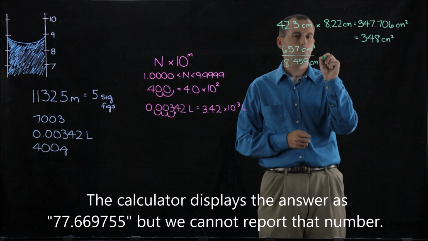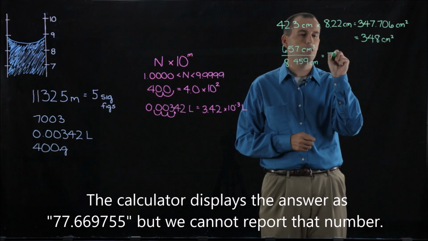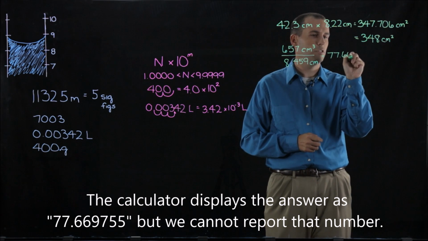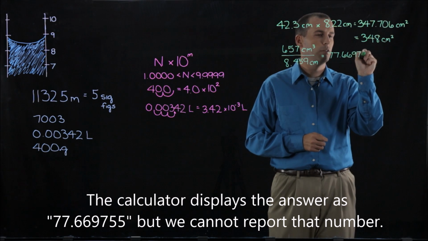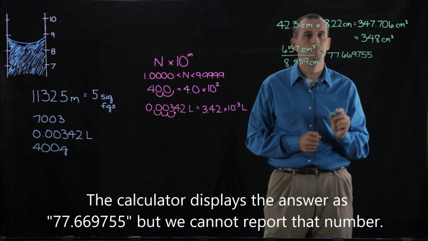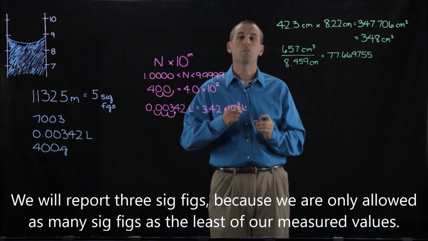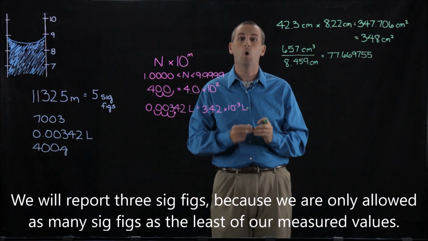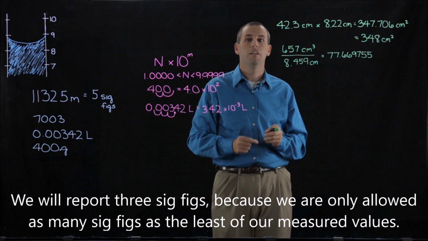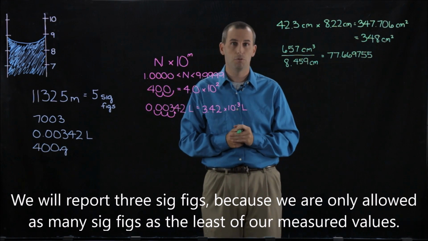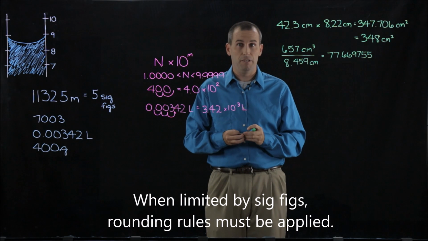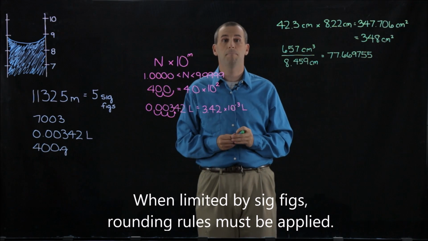The calculator displays the answer as 77.669755. But we cannot report that number. We will report 3 sig figs because we are only allowed as many sig figs as the least of our measured values. When limited by sig figs, rounding rules must be applied.